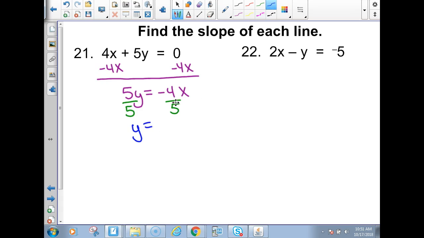And that gives us, now you're going to write it like a fraction here, just negative 4/5 times x. And my slope m is negative 4/5, which would mean down 4, right 5.